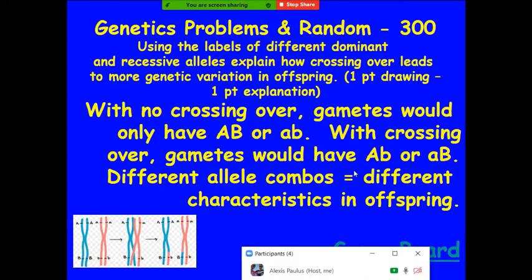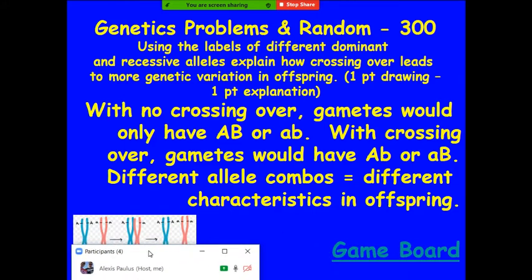With crossing over, gametes would have a big A, little b, or a little a, big B combination, and different allele combinations lead to different characteristics in offspring, which can lead to genetic variation and can lead to evolution of that species. So genetic variation strengthens species.